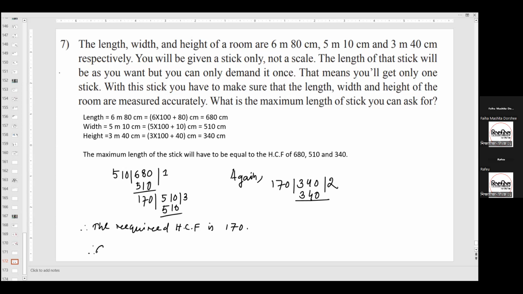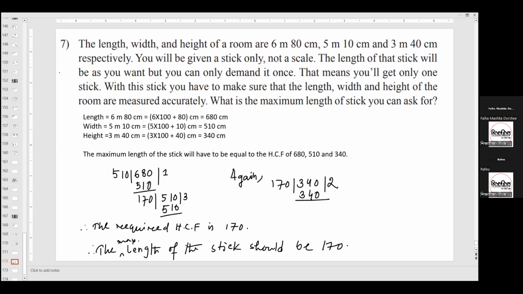Therefore, the maximum length of the stick should be 170 centimeter. বুঝতে পারছি?